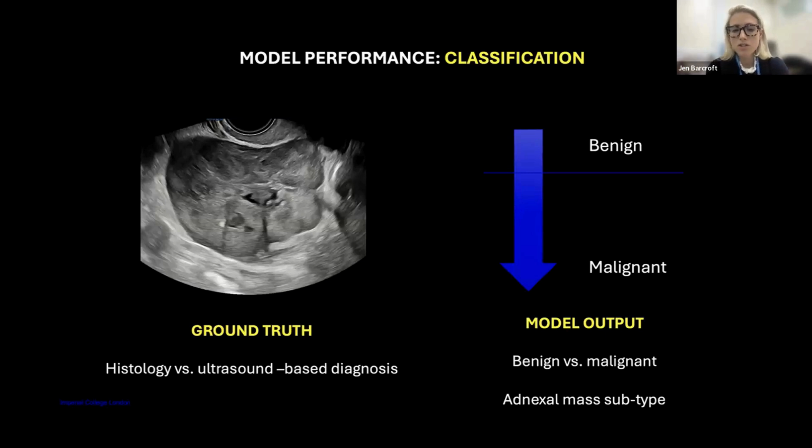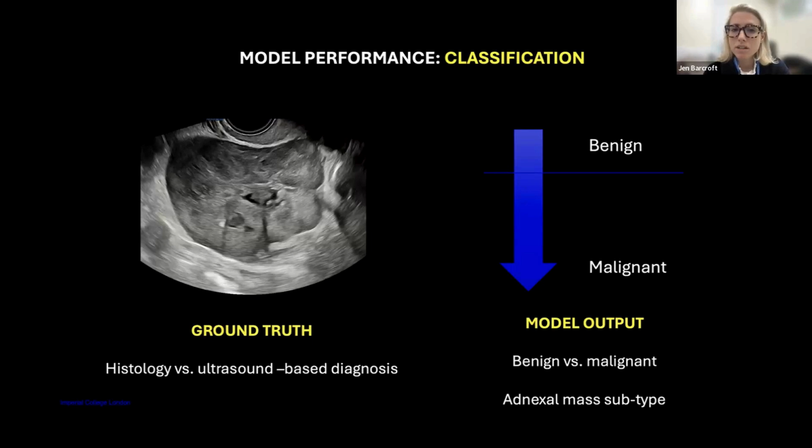One of the issues we have is that if we only select ultrasound images that were operated on, you're essentially sub-selecting a group of patients that have, by definition, a higher risk mass, i.e. a mass that may be over 7 centimetres, or might have slightly abnormal or suspicious features that then prompts the clinician to recommend surgical management.